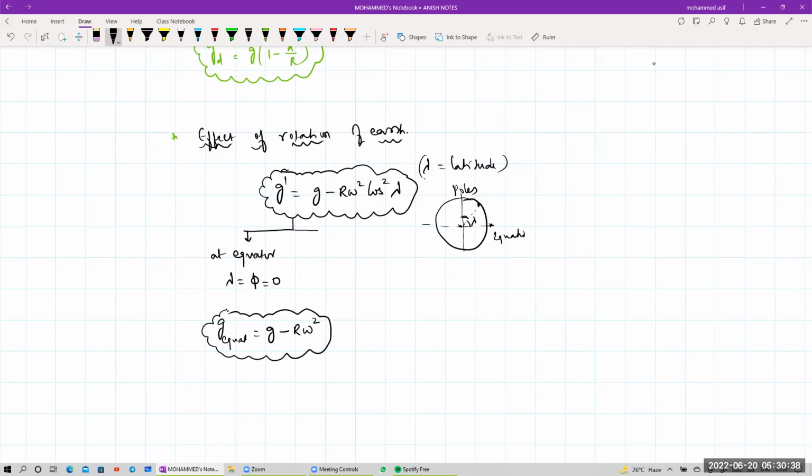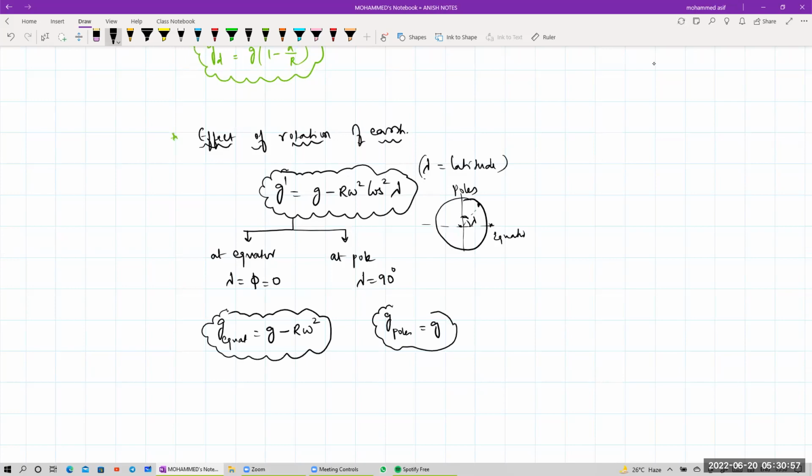At the poles. When you're going from here to here, lambda will become how much? 90 degrees. Substituting above, cos 90 is 0. That means g at the poles will be equal to g.